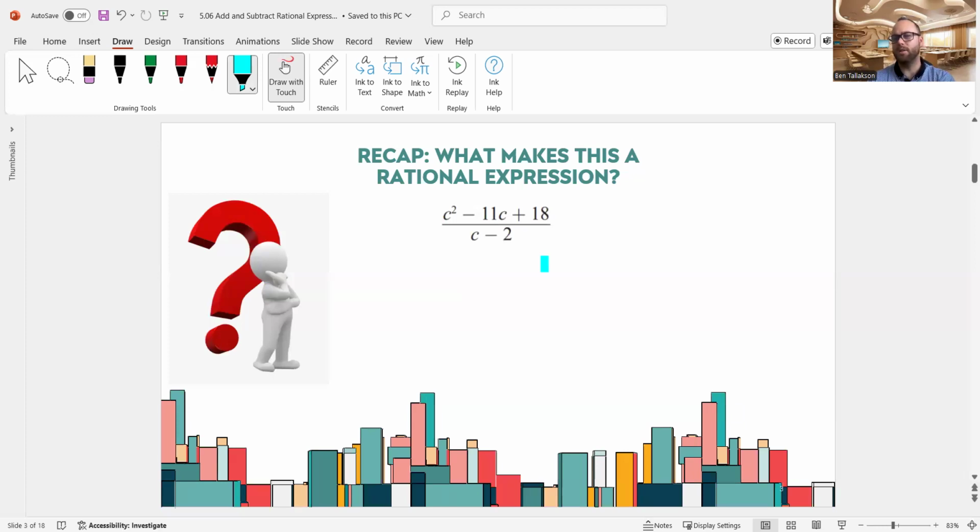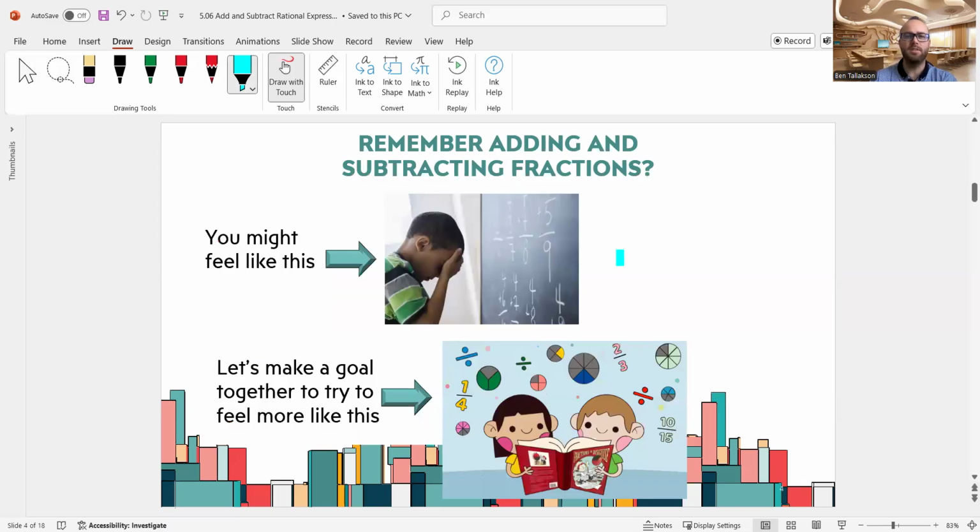But before we actually add and subtract some of these expressions, let's refresh our memory to increase our confidence, because right now you might feel like this. Maybe that's the type of experience you had when adding and subtracting fractions. And my goal for you today is to feel more like this by the end of our time, boosting your confidence and making you just feel better about it.